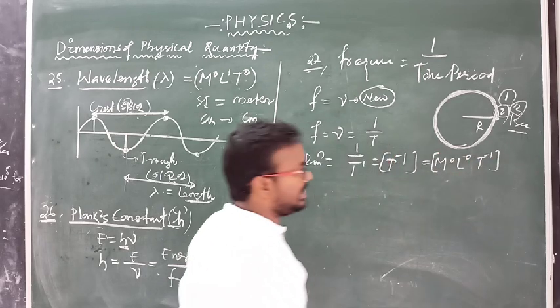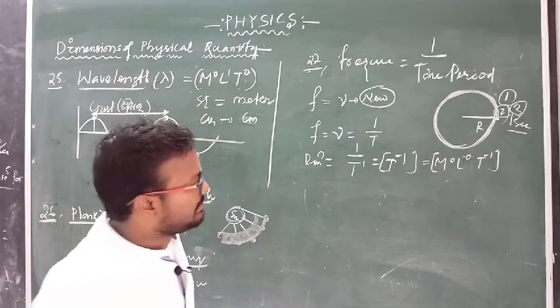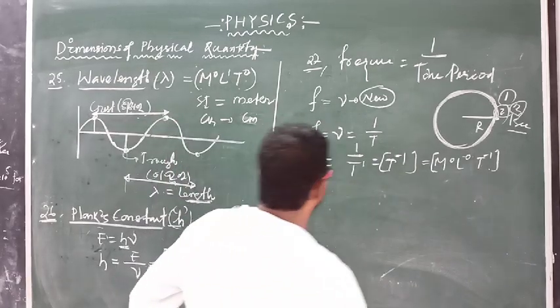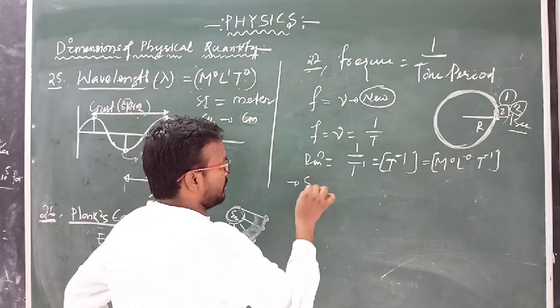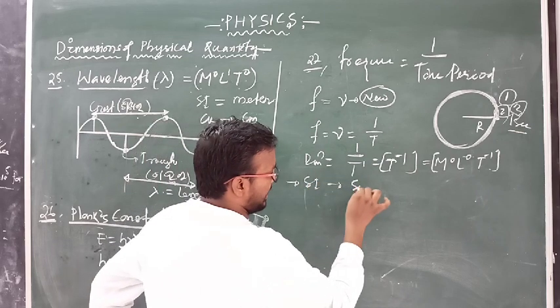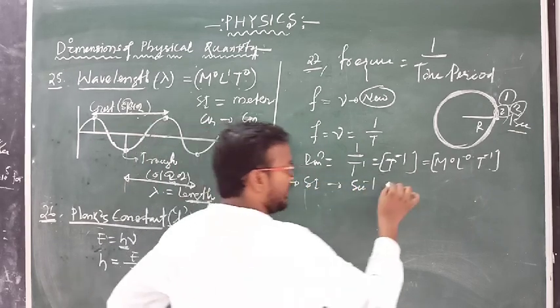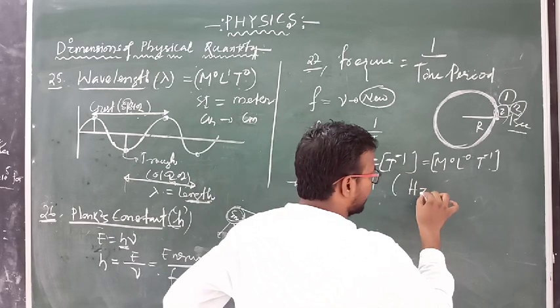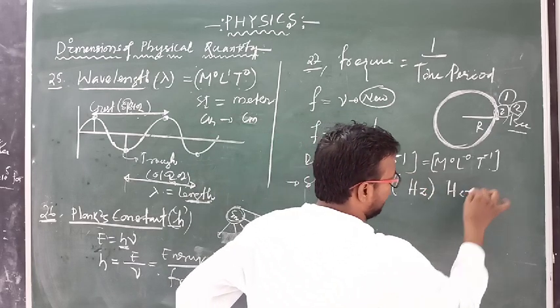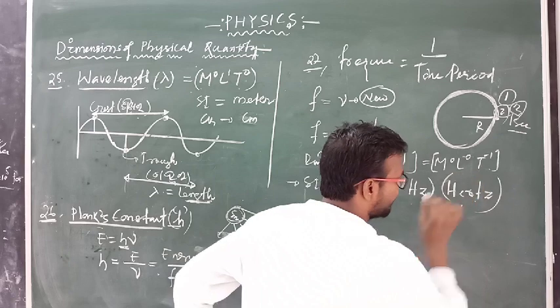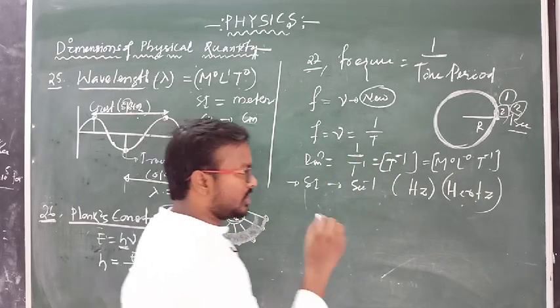In frequency there is only one term, time, and its dimension is t minus 1. Its SI unit is second minus 1, or it is known as hertz. Clear? That is frequency.